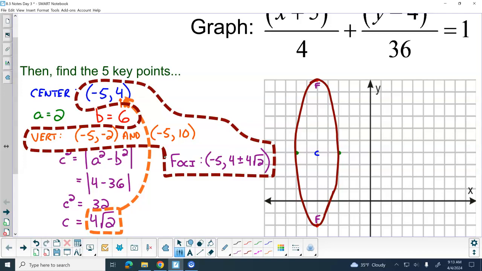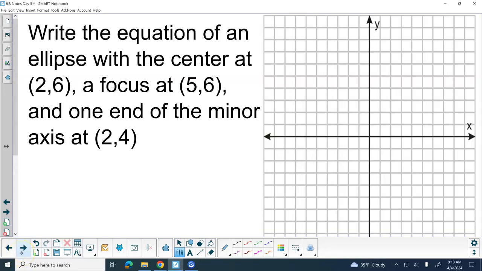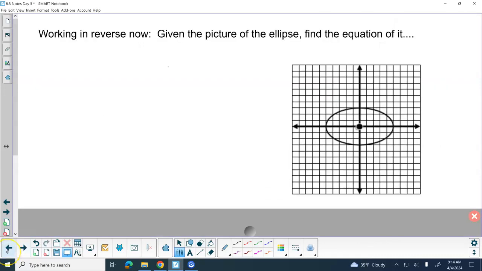Love it. Today, what we're going to do is go backwards. So we have a picture with 3 key points on it, and we need to go backwards to find the equation of our ellipse: x minus h quantity squared over a squared plus y minus k quantity squared over b squared equals 1.